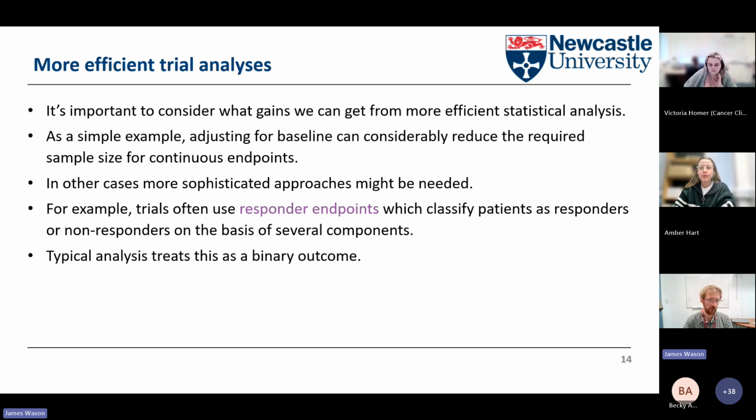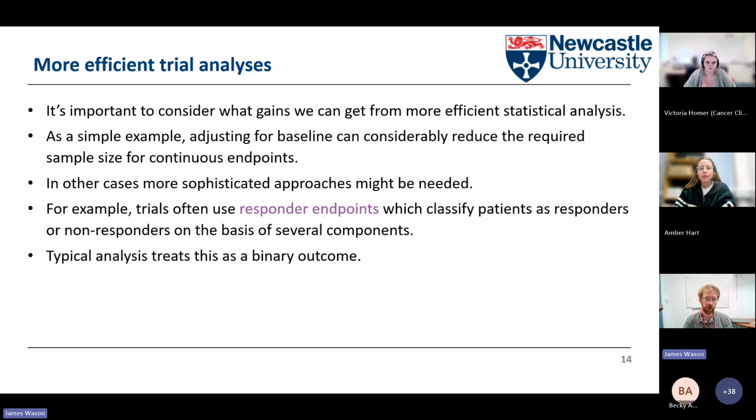And one example of this, which is actually quite common in certain types of rare disease, is the use of responder endpoints, which combine multiple different pieces of information measuring the impact of a treatment on the patient. We combine those different components into one responder outcome. So we take the multiple components and then classify patients as either a treatment response or a non-treatment response.